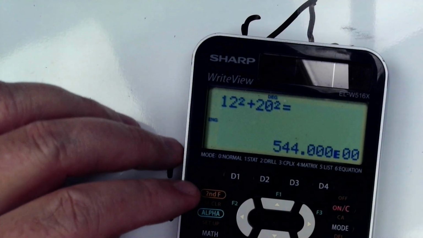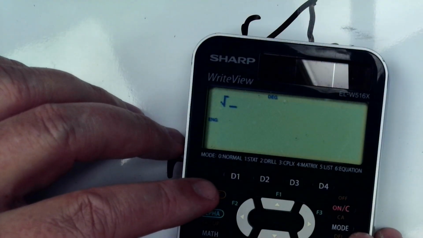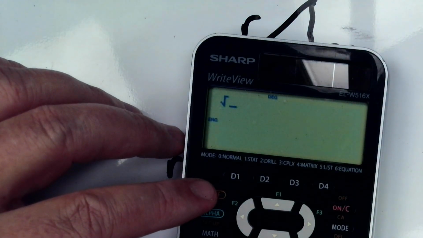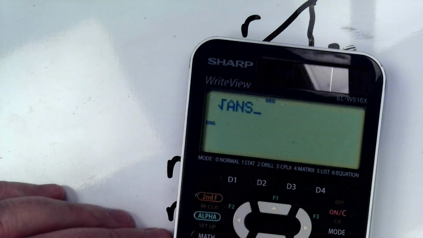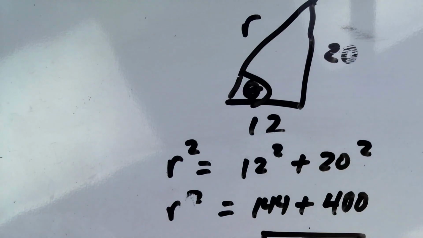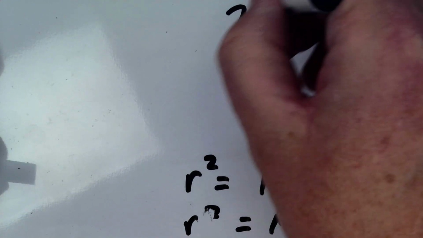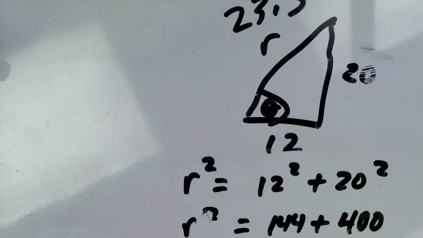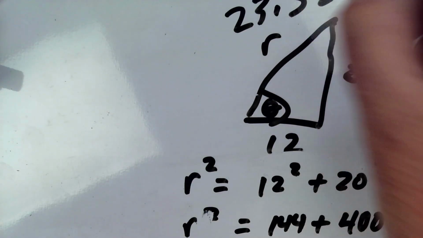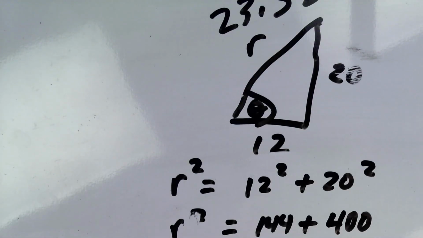And then if I take the square root of my answer, that will give me 23.3. So now I know that this value here is 23.324 or whatever you want to put there. Okay? So once I know that, I can then calculate whatever I want to calculate here.